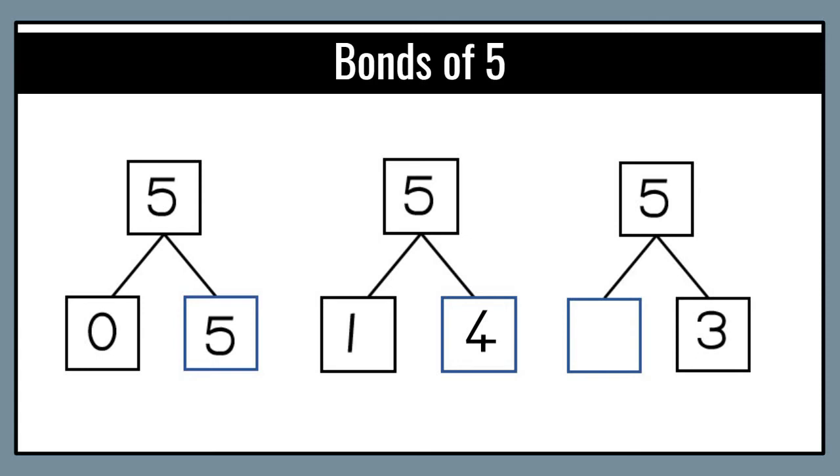The next one. I have a 3. If I have 3 dots, how much must I add to make 5? That's right, 2. That means 2 plus 3 equals 5. Therefore, 2 and 3 are bonds of 5. You've done great, ones.